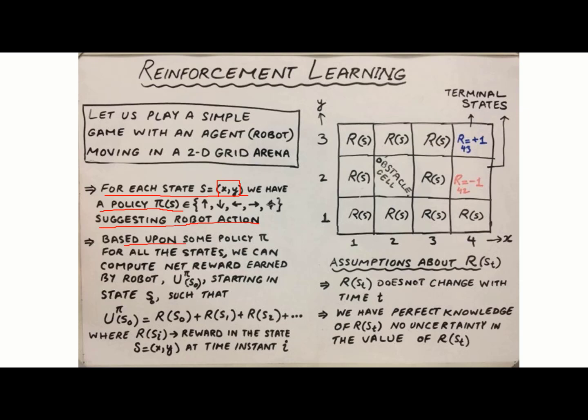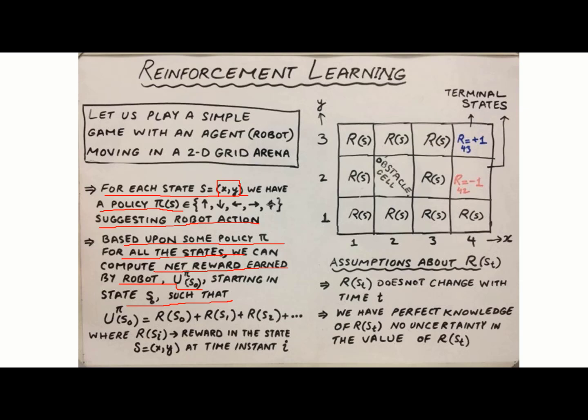Now, based upon this policy pi, for all the states, we can compute the net or expected reward earned by the robot. It is represented as U superscript pi of S0, where S0 represents the initial state.